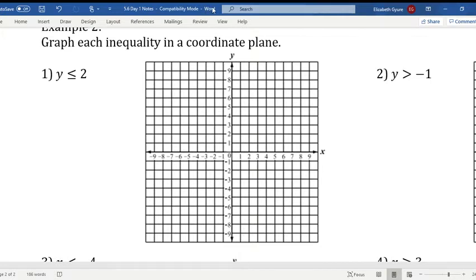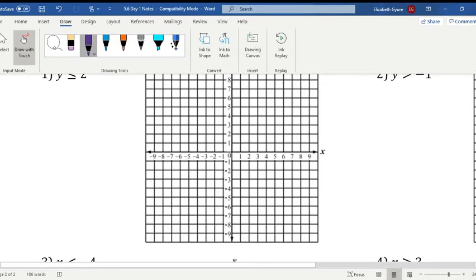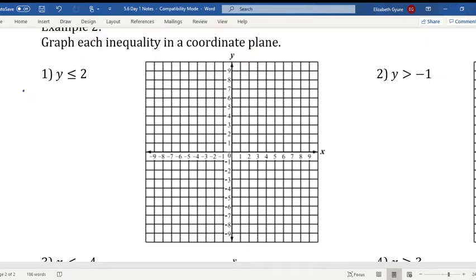No, we don't have a full one, just a partial equation. So all I have is this number 2. So on your y-axis, remember we go to 2 and we put a dot there.